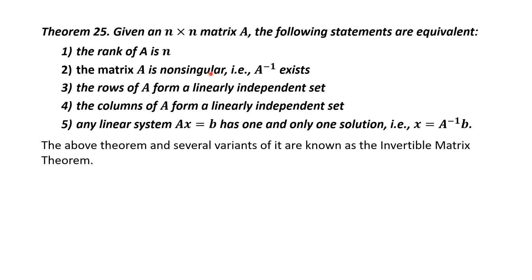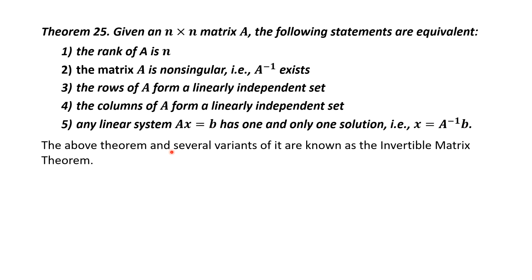The matrix A is non-singular, in other words, the inverse, A inverse exists. The rows of A form a linearly independent set. The columns of A form a linearly independent set. Any linear system Ax equals b has one and only one solution, x equals A inverse b.